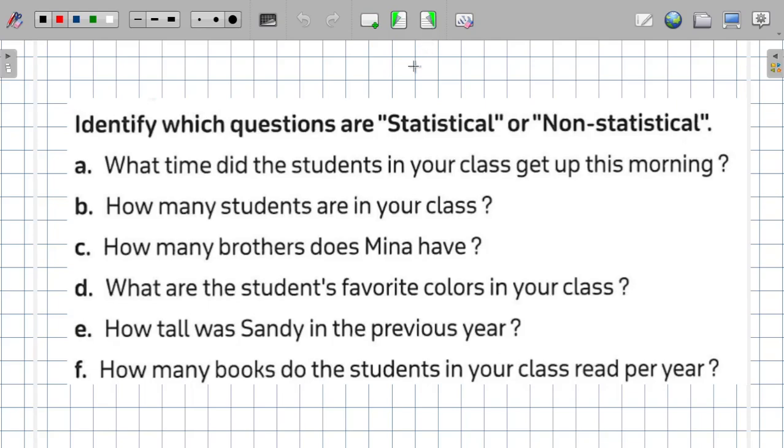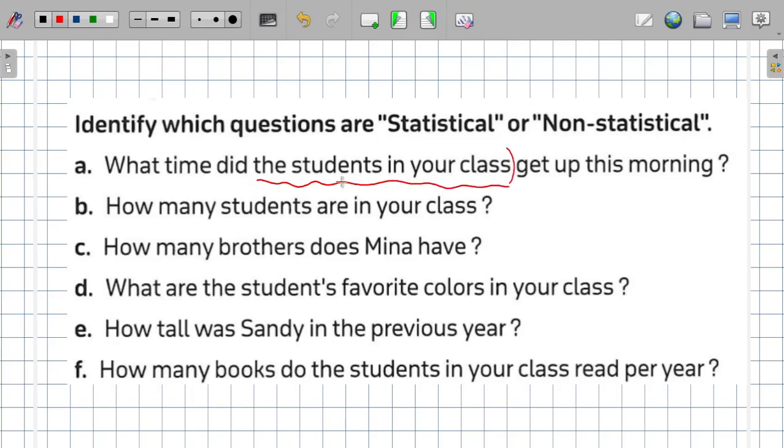So if I want to identify which questions are statistical or non-statistical, let's read the questions. The first question is, what time did the students in your class get up this morning? Did I ask one person or many persons? I think many persons, because I say the students in your class.